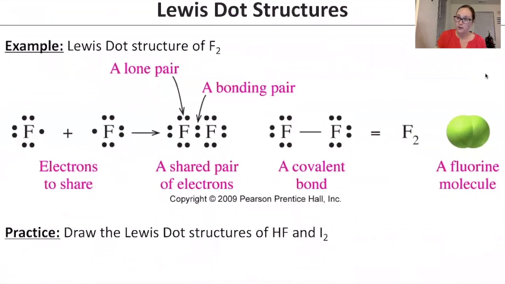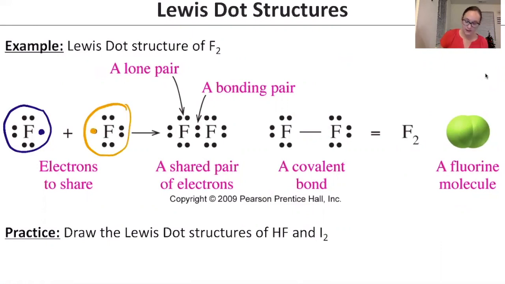Another example, if we had F2, so now we have 2 fluorine atoms, we draw each fluorine separate with its own number of valence electrons. Okay, so we're going to have our blue one this time. It doesn't look very blue, but I promise it's blue. And then we'll have orange.